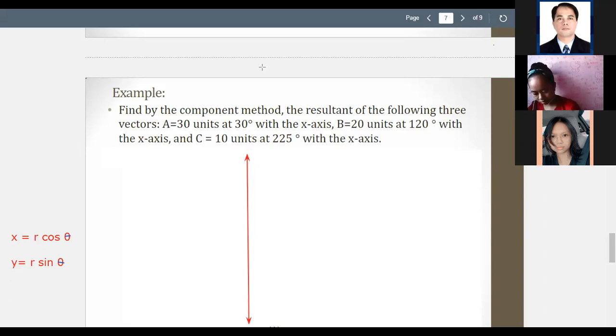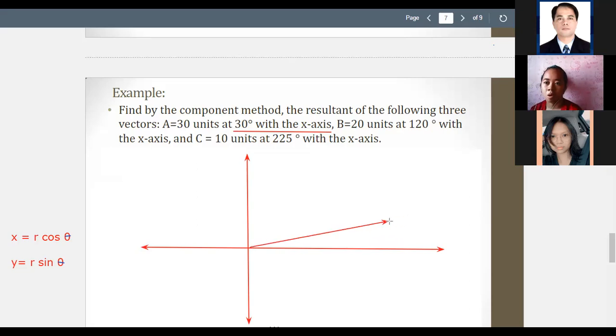The first thing that we do is to draw our vectors one after the other. So let's start with vector A. Vector A is measured at 30 degrees with the x-axis. So with respect to the x-axis, maybe this is how we would think of it.